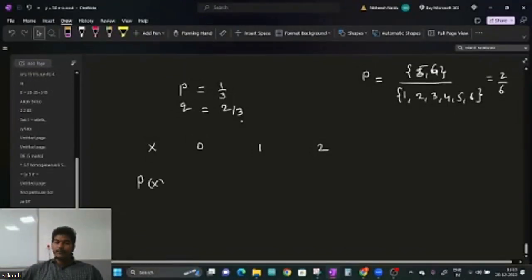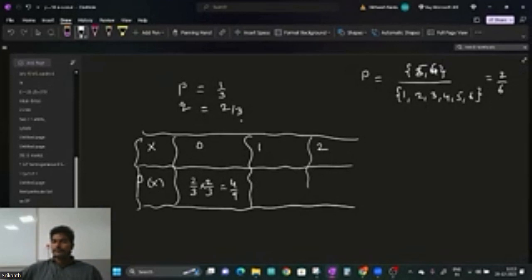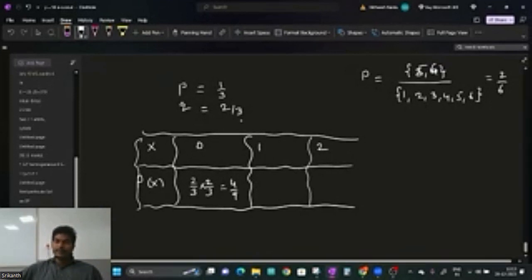So the probabilities are respectively as follows. X means the number of successes or winnings. So 0 winning means both failure. Both failure means the first toss failed and the second toss failed. That is 4 out of 9. Now one success means either the first or the second one.